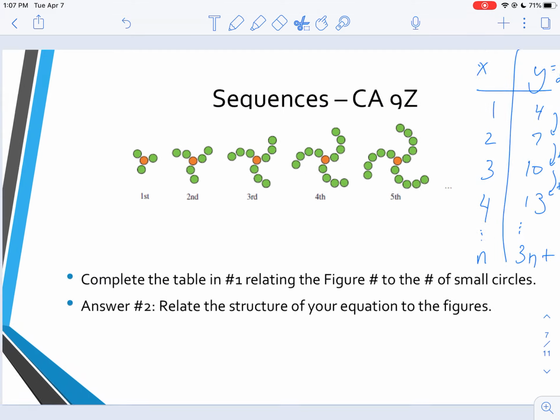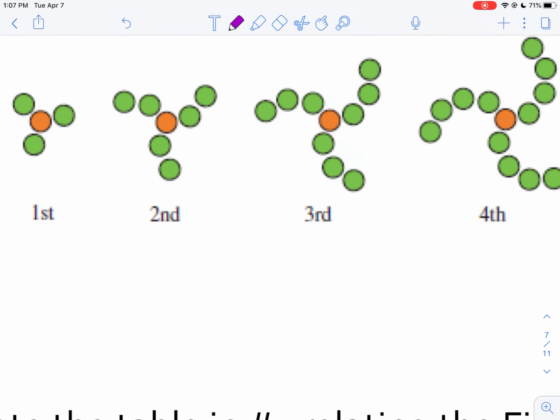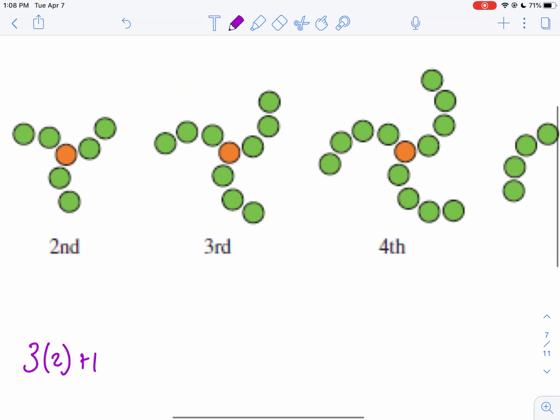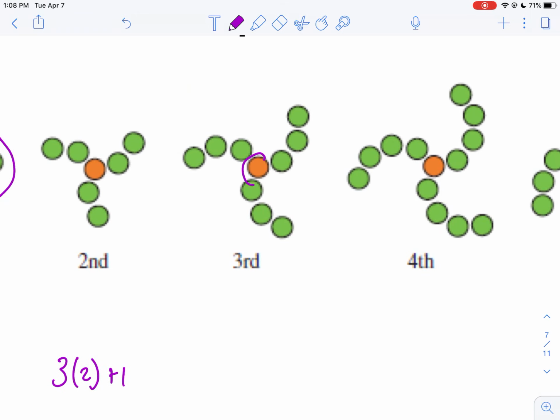There is another way of looking at this that also relies on that. So if we take a look at 3 times 2 plus 1, we could actually think of this as successive circles. We have 1 in the middle. My next circle has 3 more.